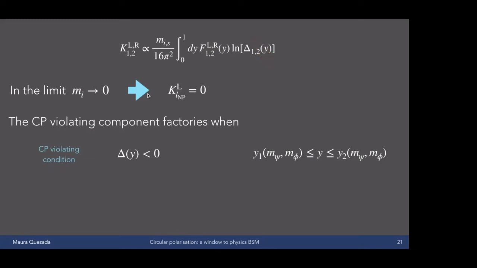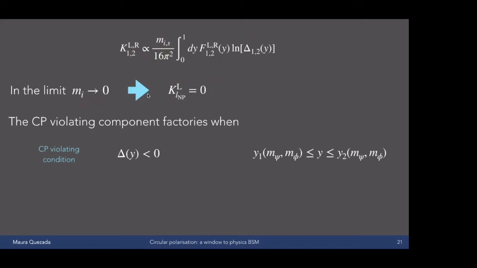This corresponds to loop 1, loop 2, of course, and left and right-handed components. And in the case of the left component, this is proportional to the mass of the active neutrinos. So if we take the limit to 0 of these masses, then there is no contribution from this. This is going to be 0 or extremely suppressed.